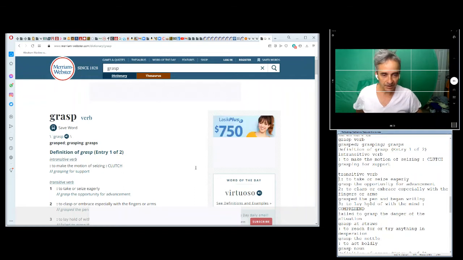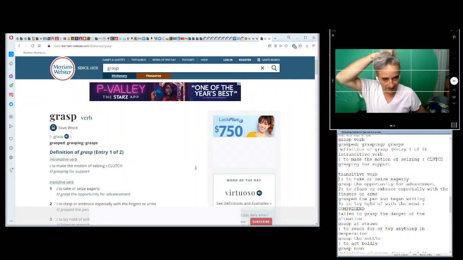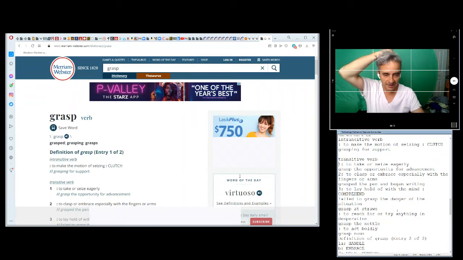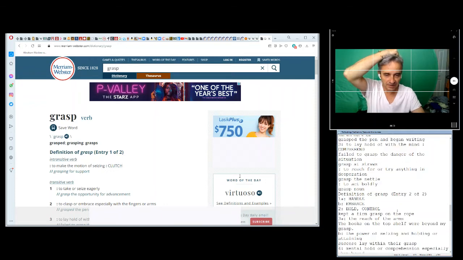Mental hold or comprehension, especially when broad. A remarkable grasp of the subject. Quotation marks around here, so that I know that that's an example.